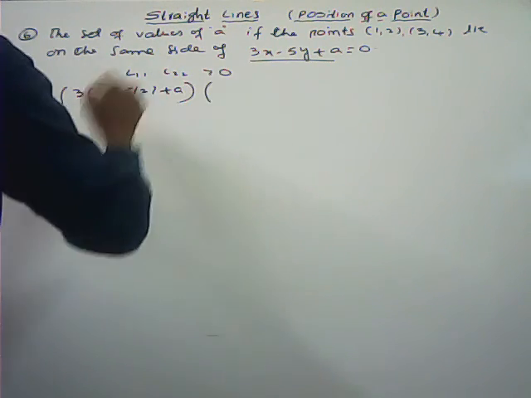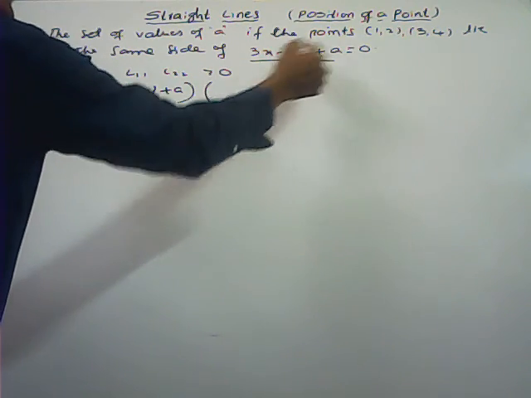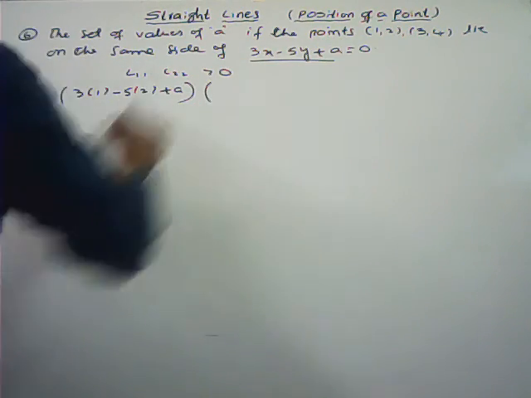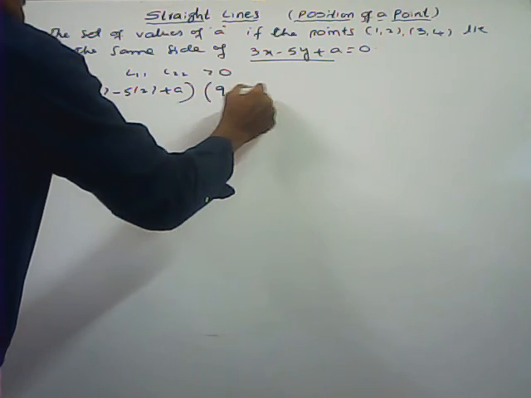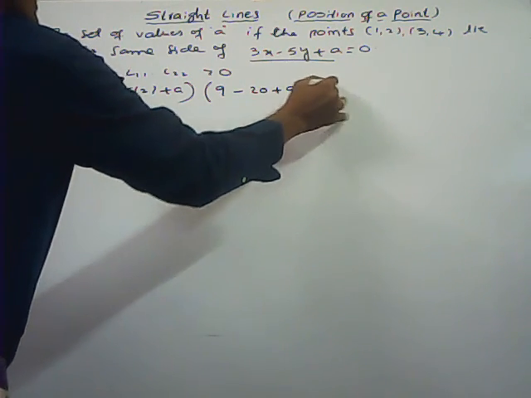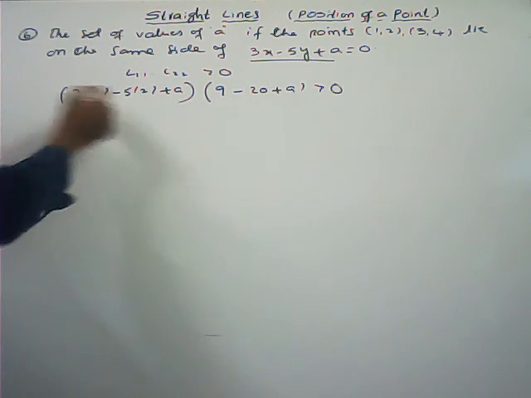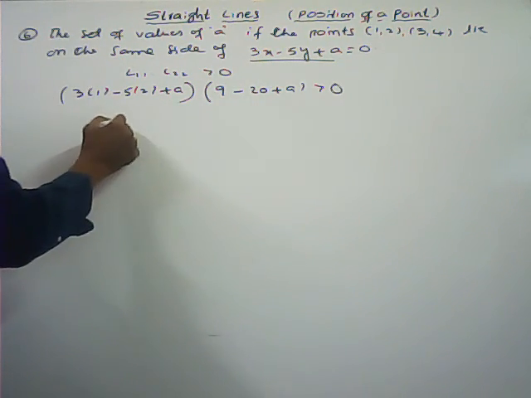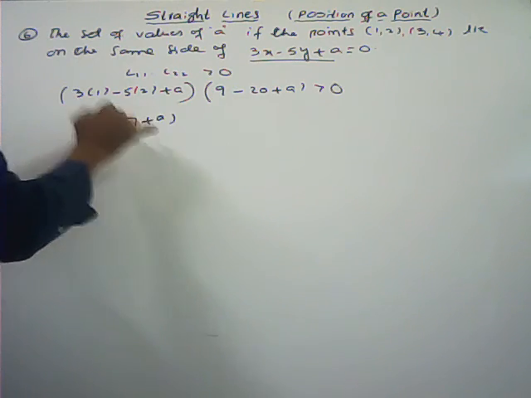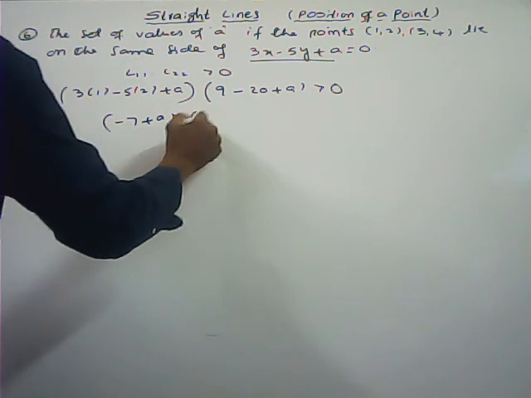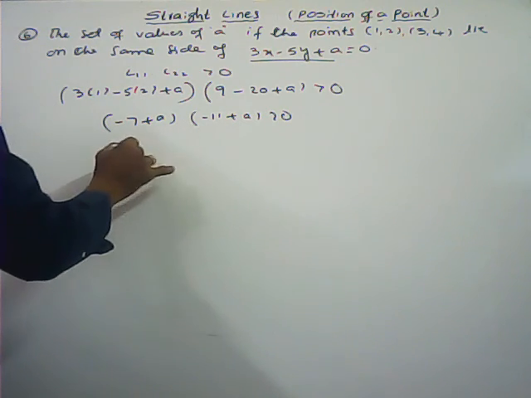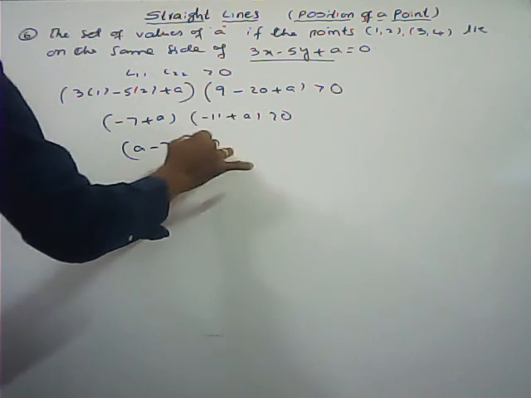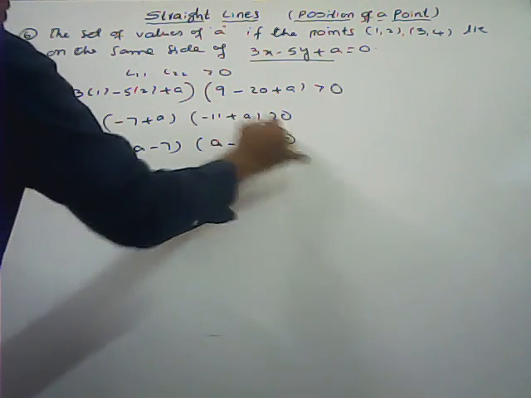In L22, substitute the second point's coordinates: 3 into 3 minus 5 into 4 plus a is greater than 0. 3 minus 10 plus a, that is a minus 7, into a minus 11 greater than 0.